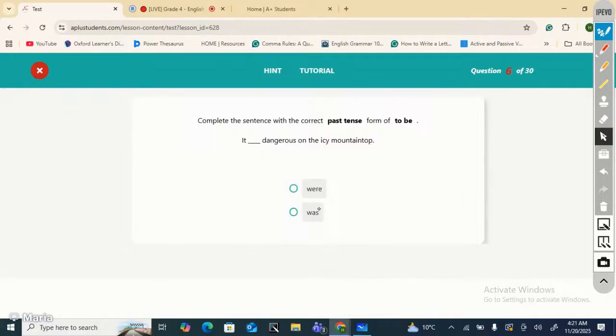Yes, good job. Semi and Matthews, it's option two. It was, because with the subject it we use was in the past tense of verb to be. So was is correct.